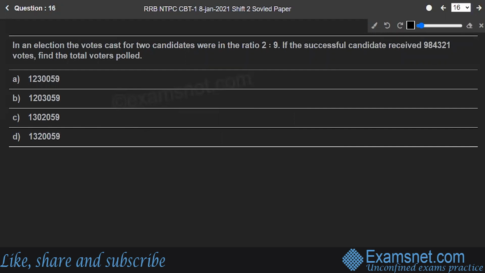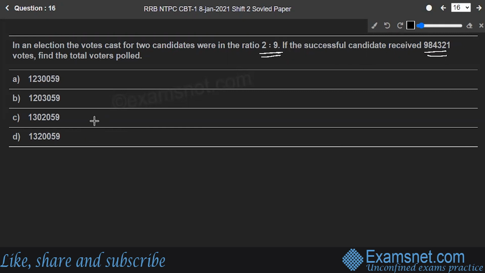In an election, the votes cast for 2 candidates were in the ratio 2:9. If the successful candidate received these many votes, find the total voters who polled for this. Now in the question you are given that the votes cast for the 2 candidates were in this ratio, and the successful candidate received these many votes.